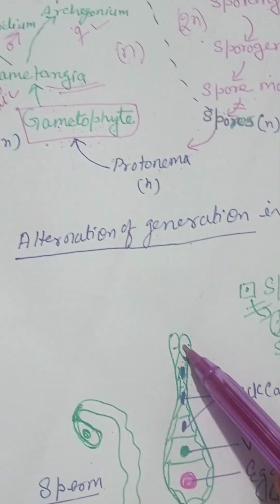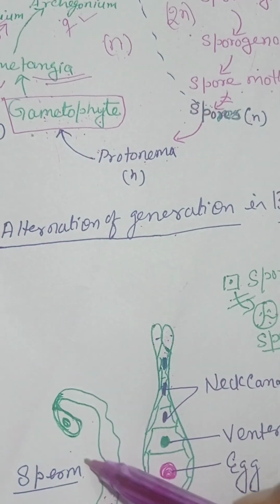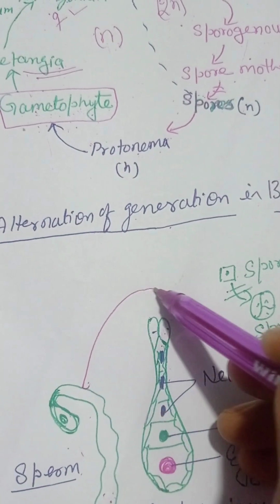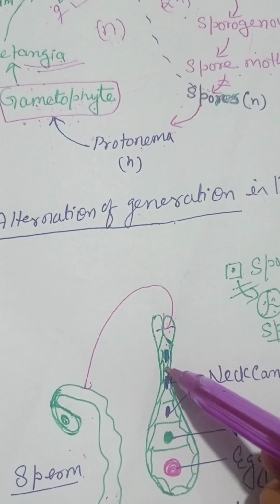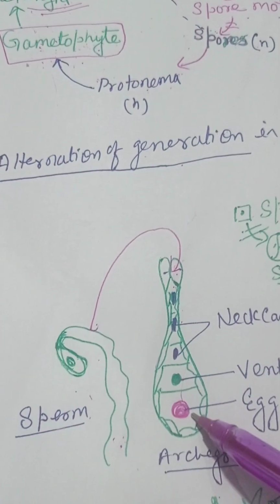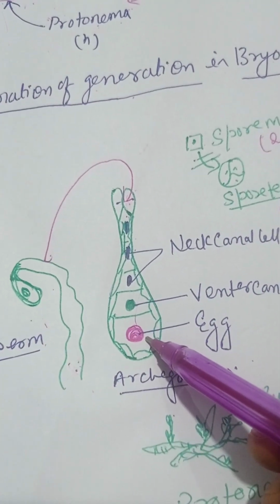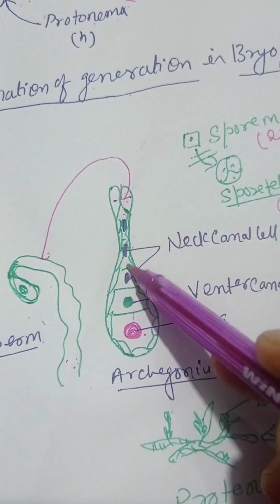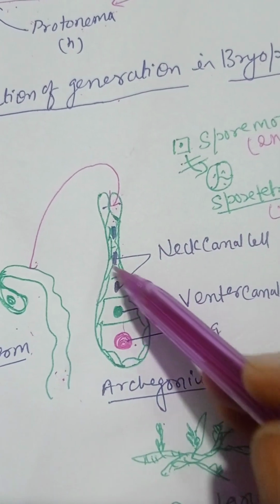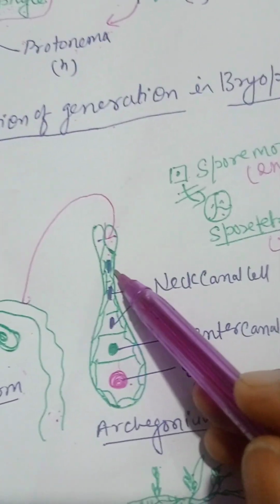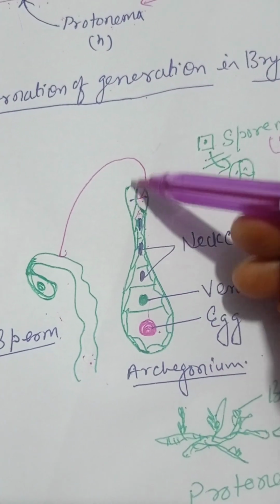Here these are the lid cells that receive these sperms through the water, and they will swim through this canal like structure. These have the neck canal cells, which are responsible for producing the mucilage or the liquid.